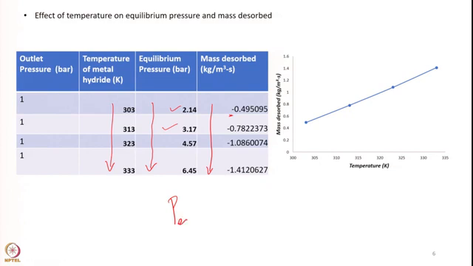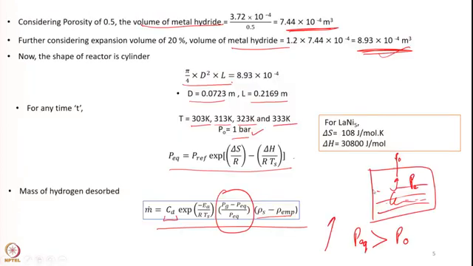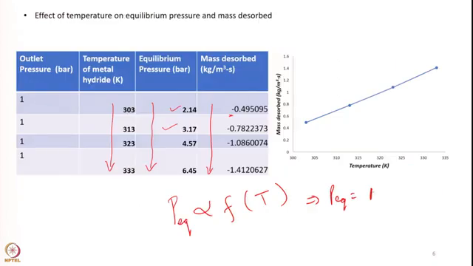We have seen that the equilibrium pressure is a function of temperature, that is, P equilibrium, as I showed you in the last slide, is a function of ΔS by R, exponential minus ΔH by RT.